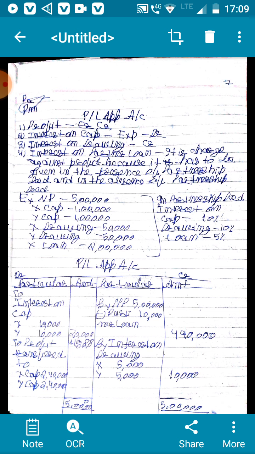And it is not given in which ratio the profit is shared. So we will assume that profits are shared equally.